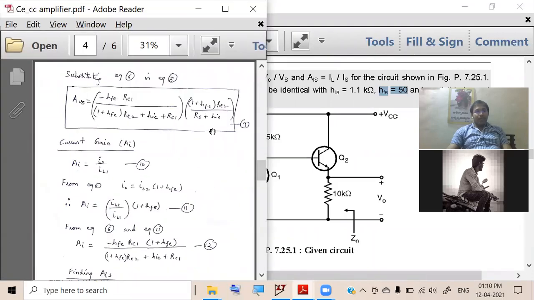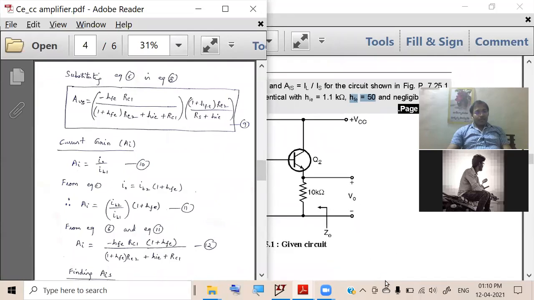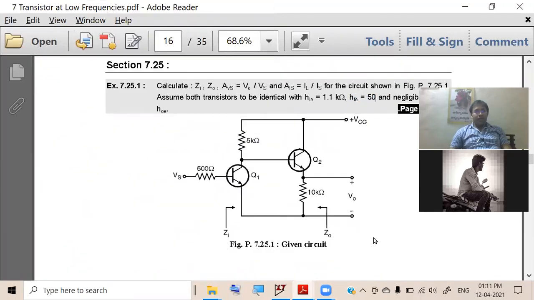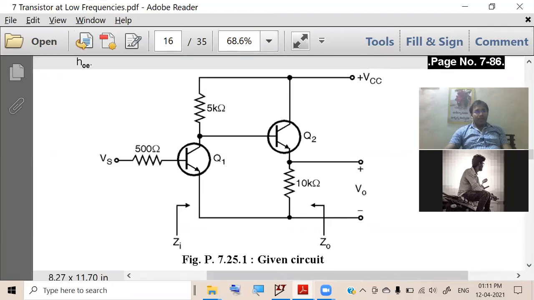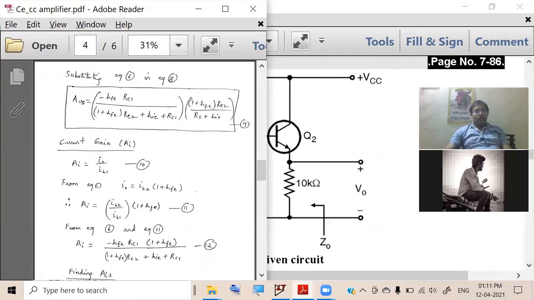What else do we have here? RS. RS is 500 ohm. So all values we have.